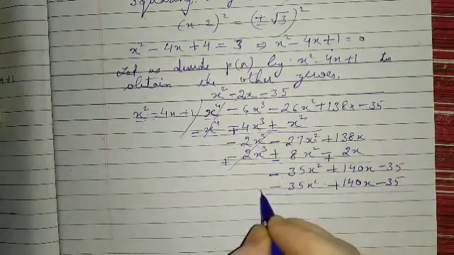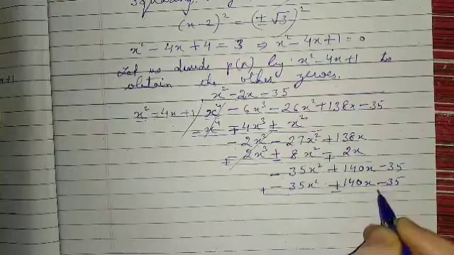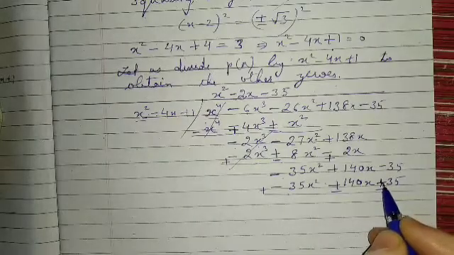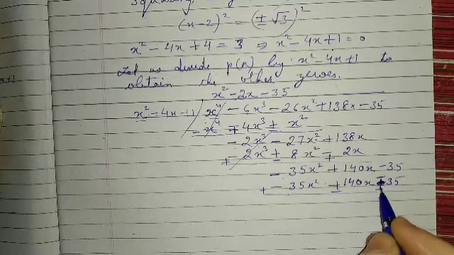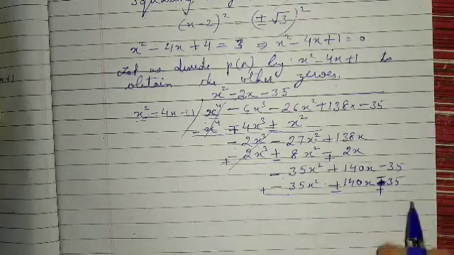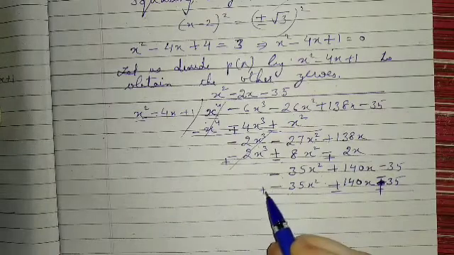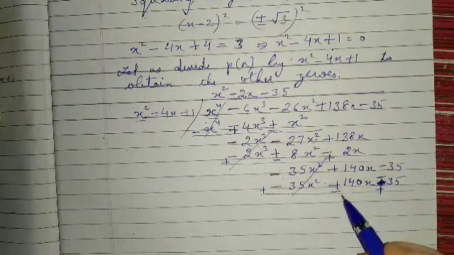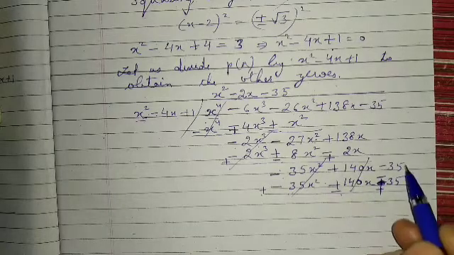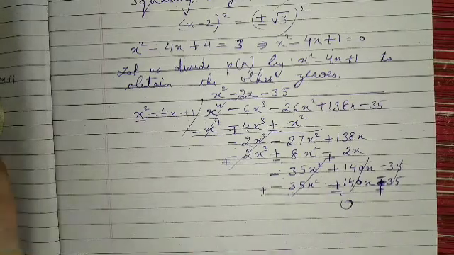Now subtract it. Now all the terms will be 0. This term will be 0, this term is also 0, both are 0. So the remainder is equal to 0.